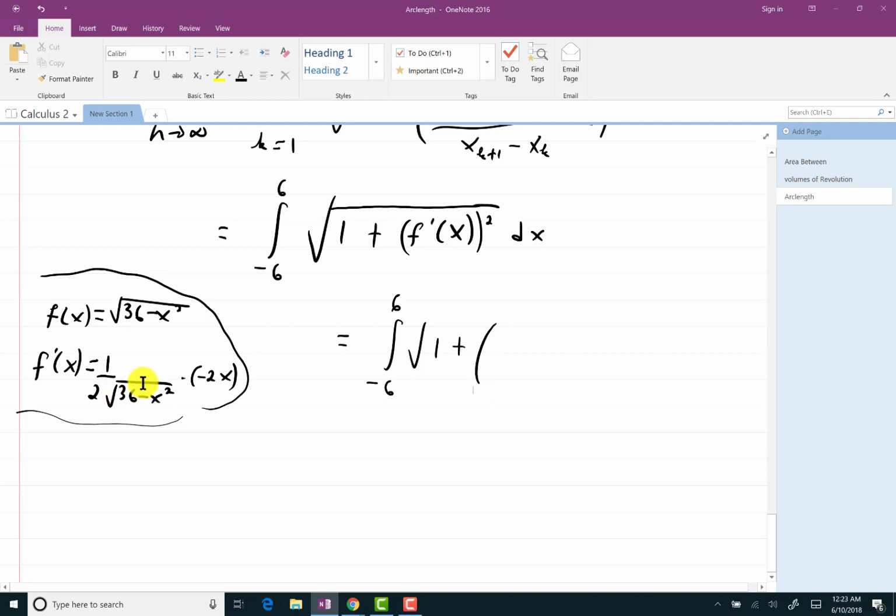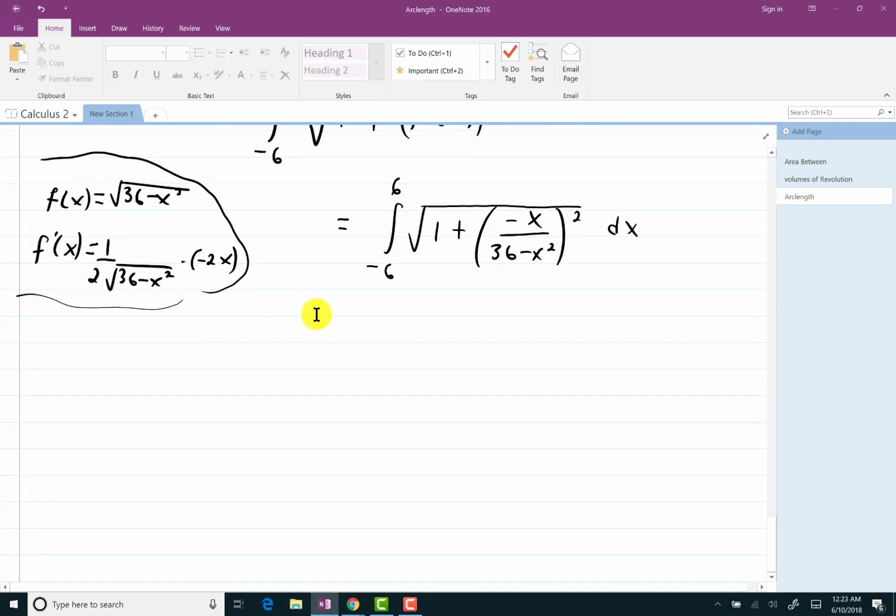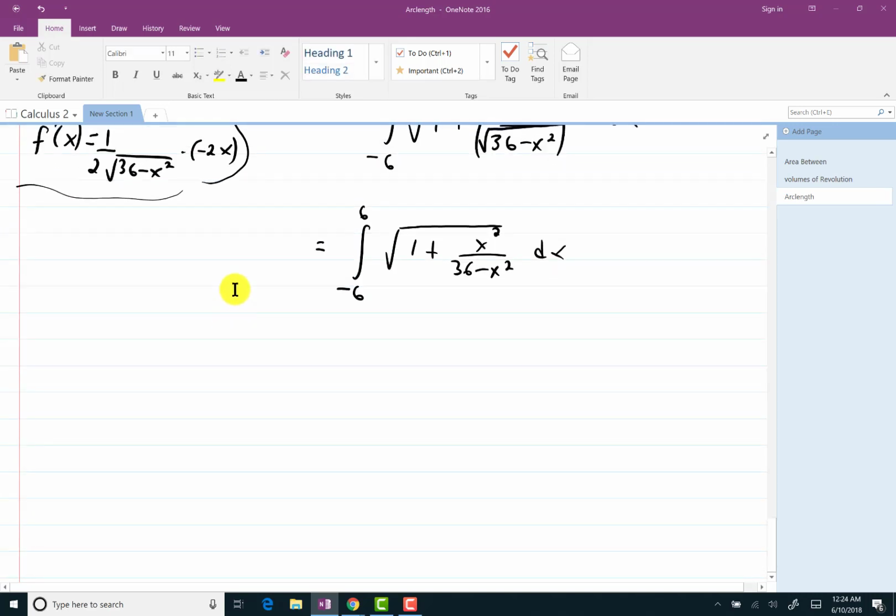Notice that the 2's cancel, and you'll have -x over radical 36 minus x squared. That quantity is squared, dx. Now when you square this, of course, the negative goes away and you end up with a common effort to simplify things, which is to get a common denominator.